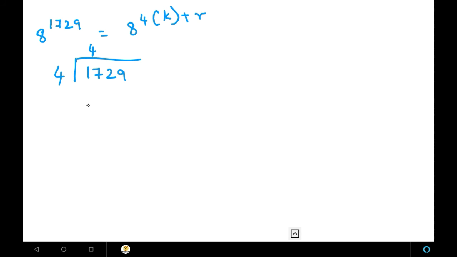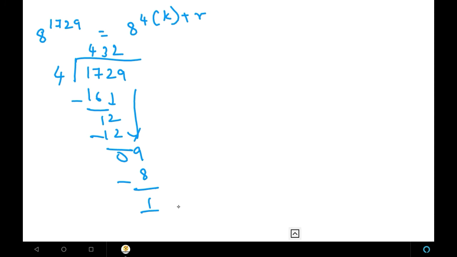So 4 fours are 16, and continuing the division I get the quotient 432 and remainder 1. So this is the quotient and this is the remainder. This divisor 4 is dividing this particular dividend, and we have got the quotient and the remainder.